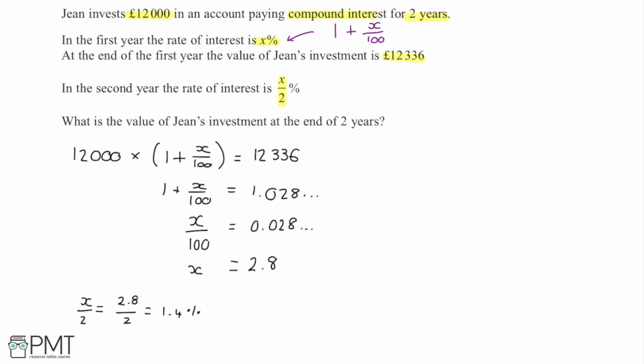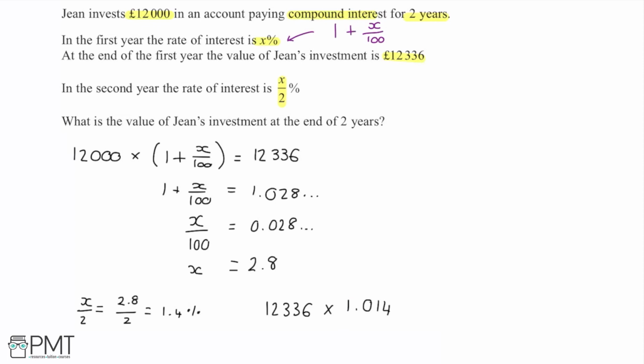Because we're working with compound interest, this 1.4% interest is going to be on the value at the end of the first year. So I can take this 12,336, and now I need to have a percentage increase of 1.4%. So I need to multiply that by 1.014, that percentage multiplier, decimal multiplier. So we have this 1.4% and this 1, this initial value, because we've got this increase.